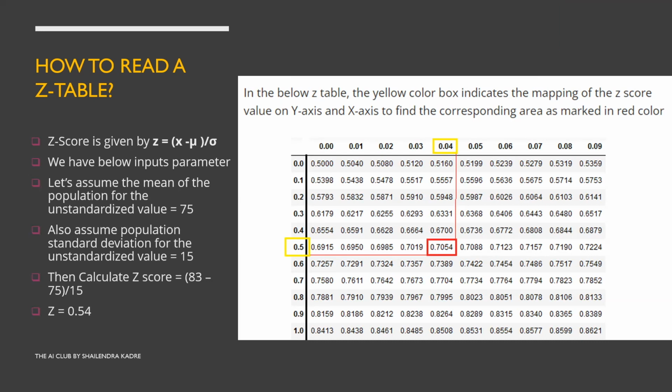So the values on the left column and top row represent Z values, and whatever is inside the table is your cumulative probability. So if your Z value is 0.54, you know the cumulative probability is 0.7054.